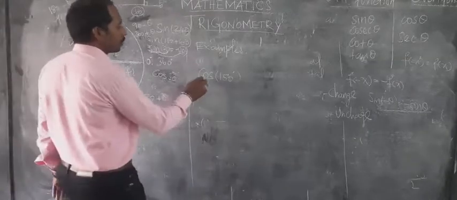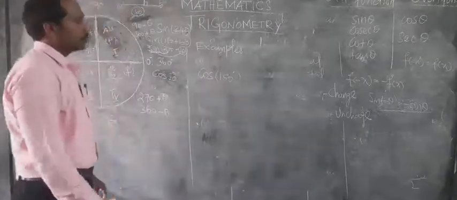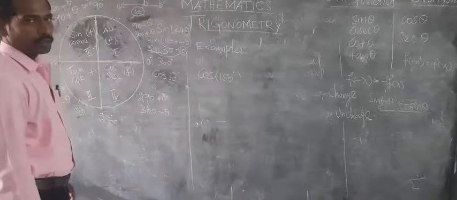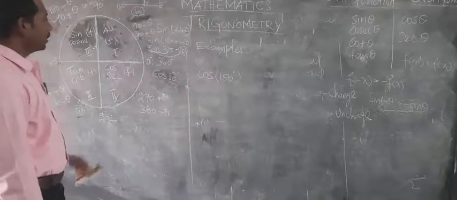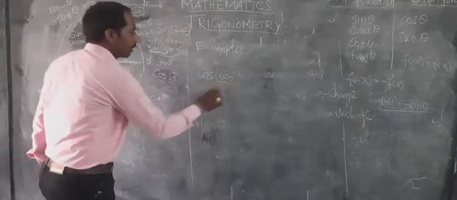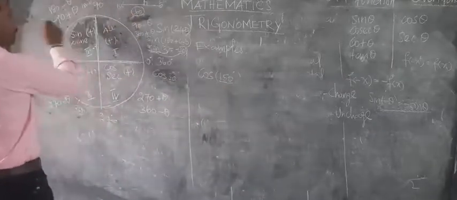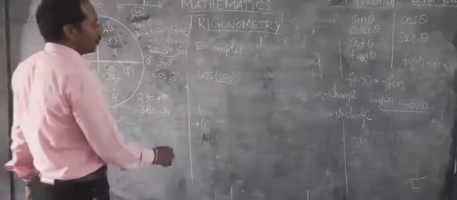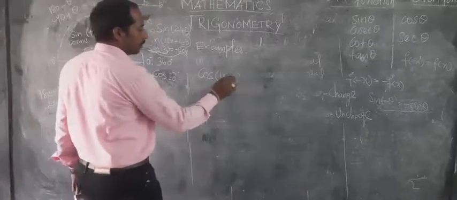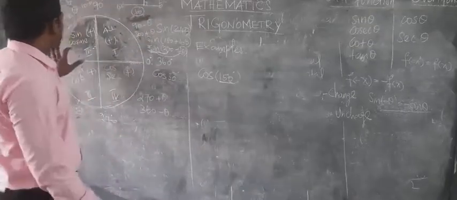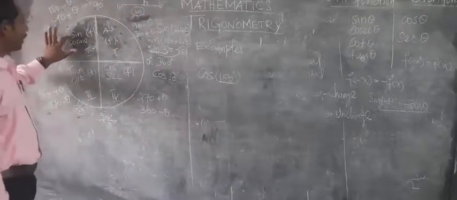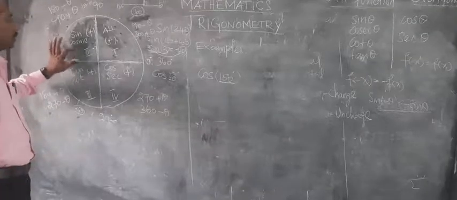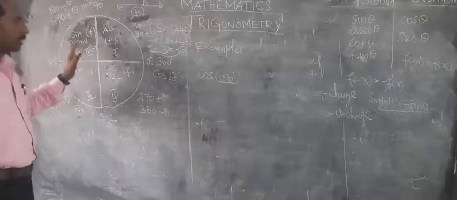What is the value of cos 150? So what is the first point? See the quadrant. Where does 150 come? Here in the second quadrant. In the second quadrant, only sine and cosecant are positive, the remaining are negative, like this.